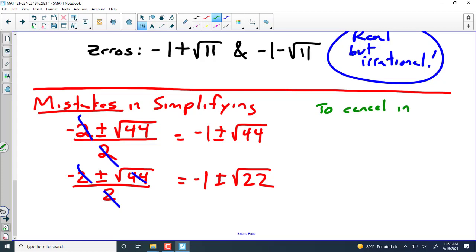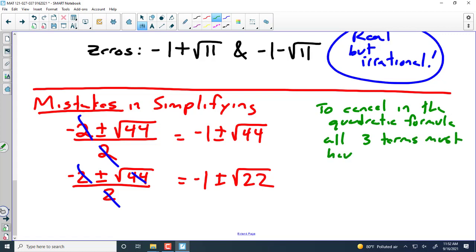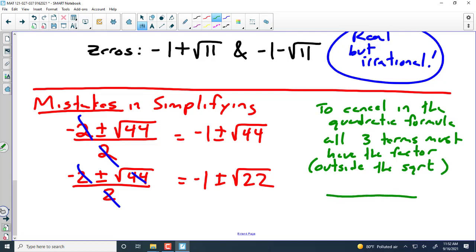To cancel in the quadratic formula, all 3 terms must have the factor, and it needs to be outside the square root on that one term. So you needed all 3 of them. 1, 2, 3.